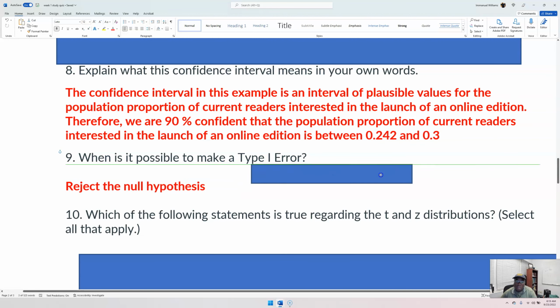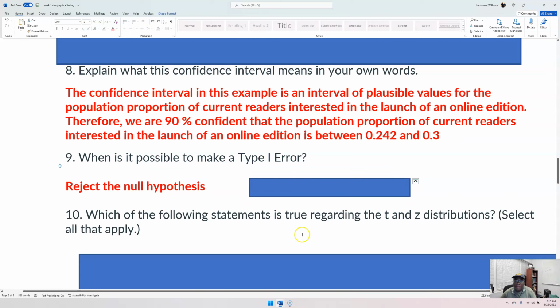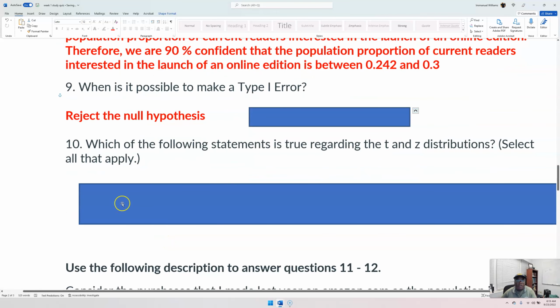So this is only when you reject the null hypothesis. If we say that the population mean of GPA is 3.25, we're guessing at it, and based on our data, we actually rejected it, we could be making a type 1 error because we're saying that the GPA is not 3.25, but in reality it is. Which of the following statements is true about the T and Z distribution?